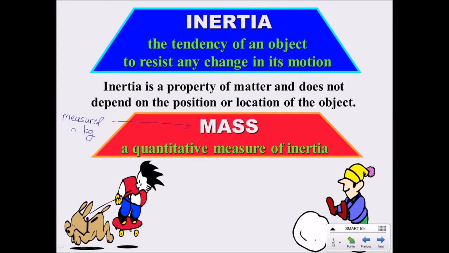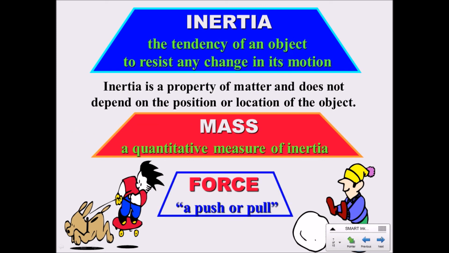And again, that kick that I applied to it, that is a force. So a force is what causes changes in motion. A force is a push or a pull that acts on an object. So if you want an object to change its motion, you need to apply a force to the object.